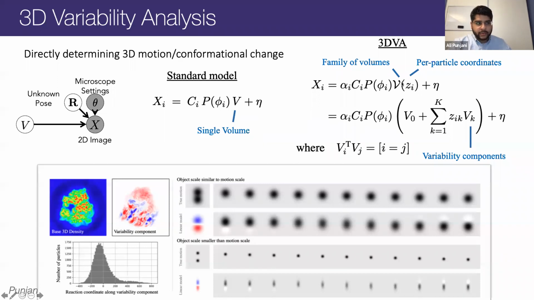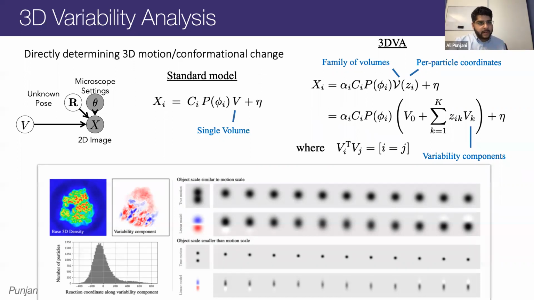The way that their units are created is that we enforce that the variability components themselves have a unit norm, meaning that each has a certain amount of difference to the basic density encoded in it. And then if you multiply that by 1 or 10 or 5, you get a different amount of change to the basic object.